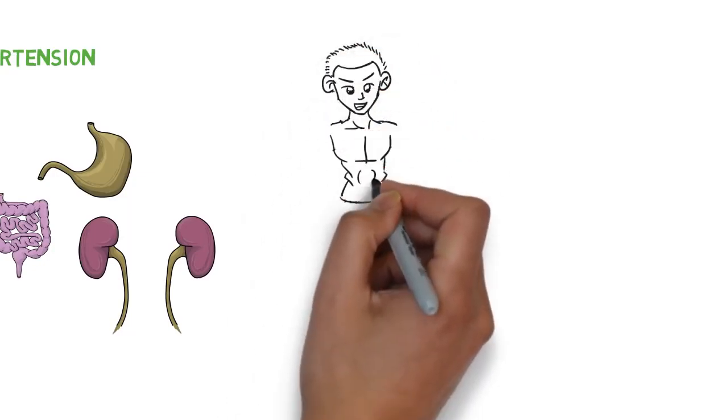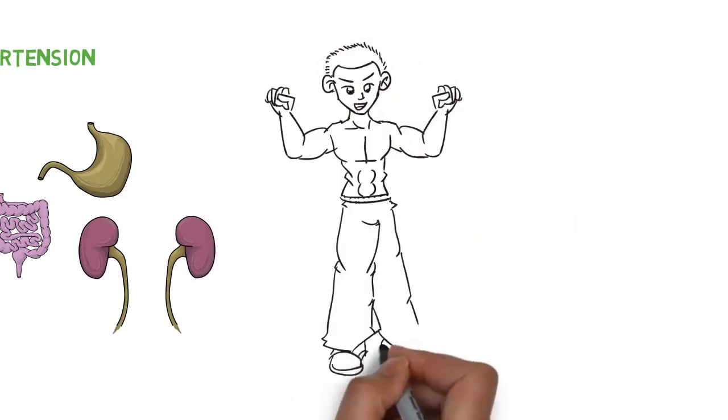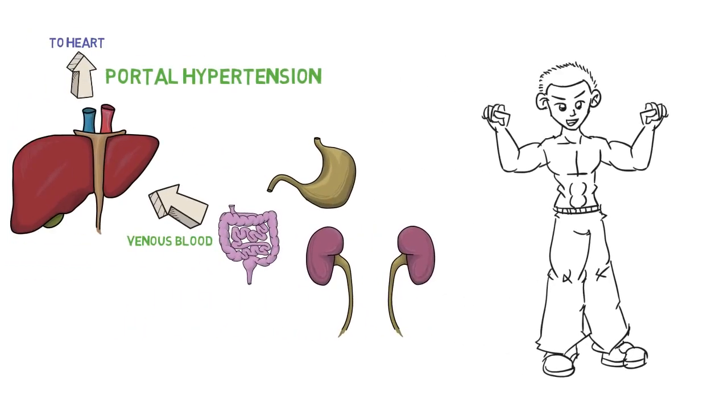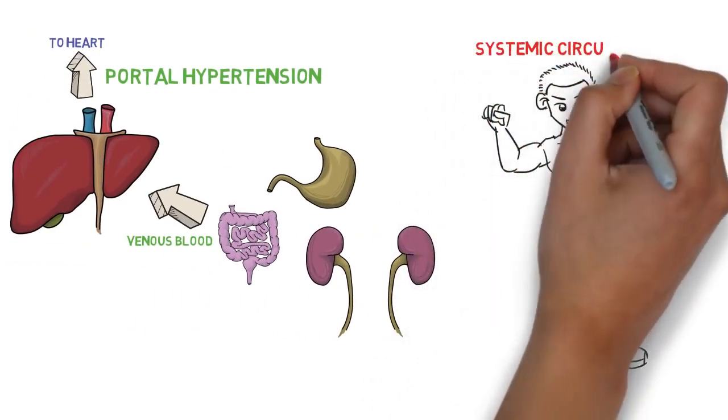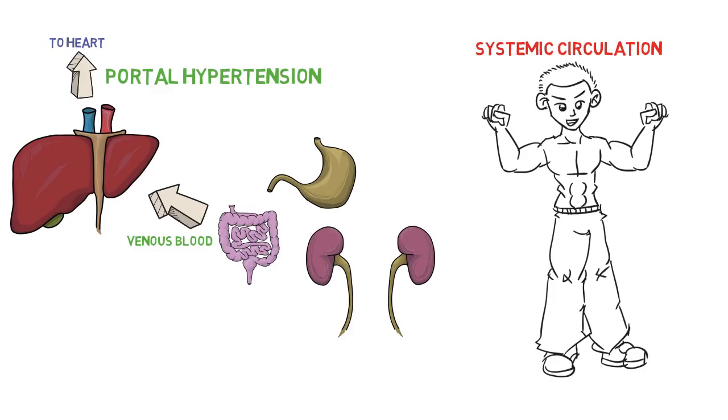Now you do have another set of circulation which is called systemic circulation, and systemic circulation is the blood that's returning to the heart from outside the organs. So from your limbs and your skin and your muscles, that's all systemic circulation, and that's returning back to your heart without actually going through the liver, which makes sense.